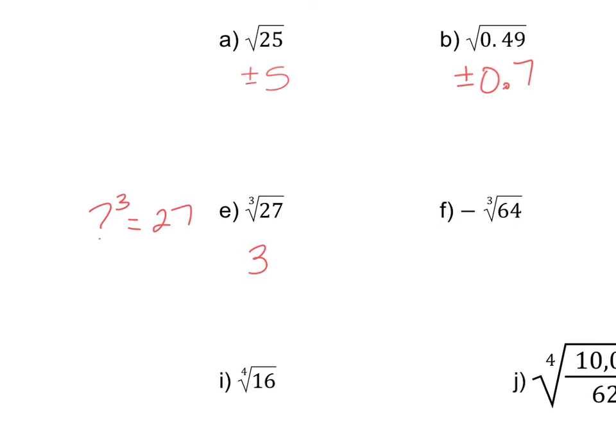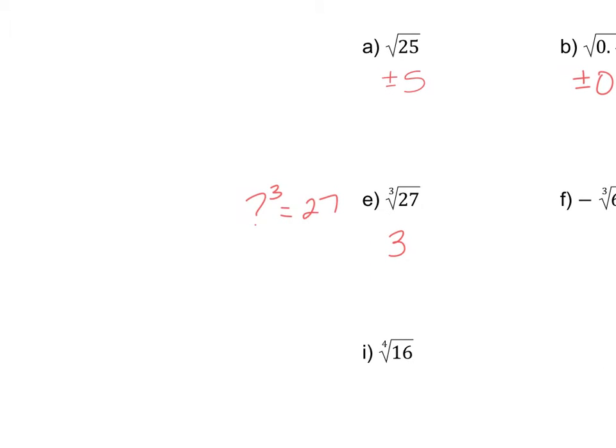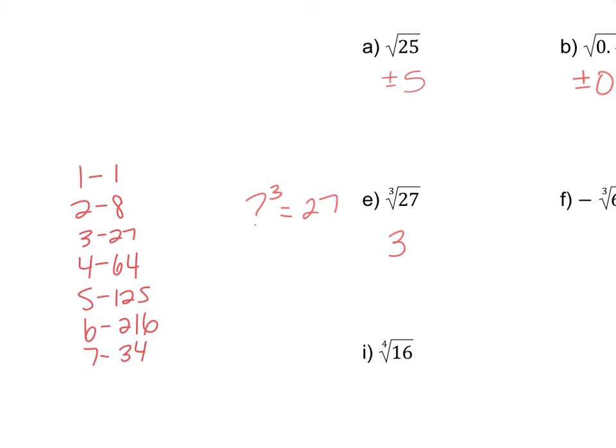And sometimes if I'm doing these on a test or a quiz, I might write out, okay, 1 to the third power is 1, 2 is 8, 3 is 27, 4 is 64, 5 is 125, 6 is 216, I think. Yes, it is. And then 7 is 343. All right, we can keep going. I'm just going to do the first few.